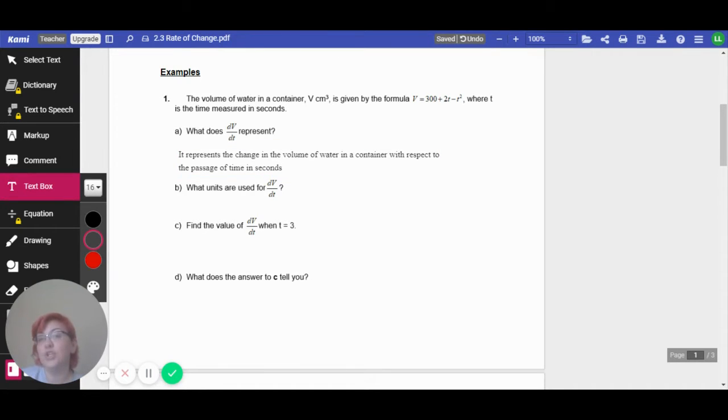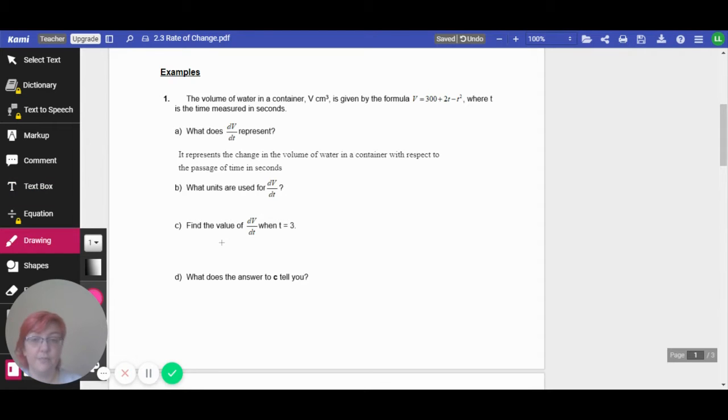All right, so then what units are we going to use for dV over dt? Volume is measured in centimeters cubed, and time is measured in seconds. So volume on top, centimeters cubed, over, time is on bottom, seconds, or centimeters cubed per second.